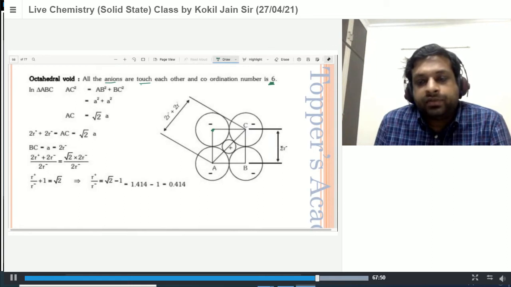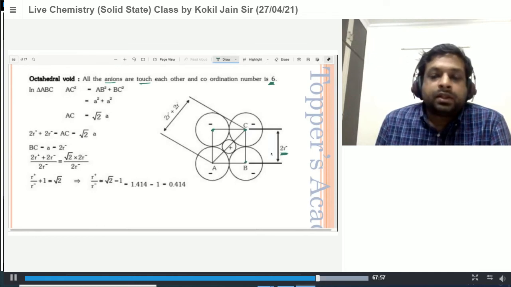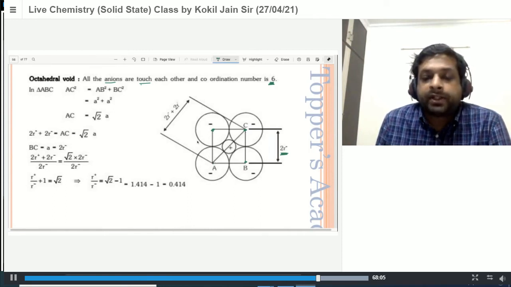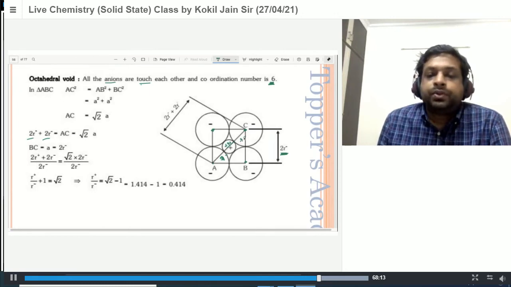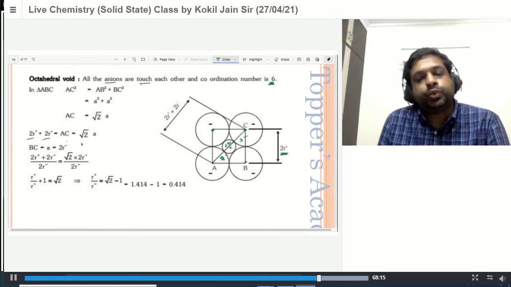The length between anion to anion is 2R minus, while across this diagonal, the length is 2R plus plus 2R minus. This is R minus, this is 2R plus, and this is R minus. So this is equal to root 2 a.